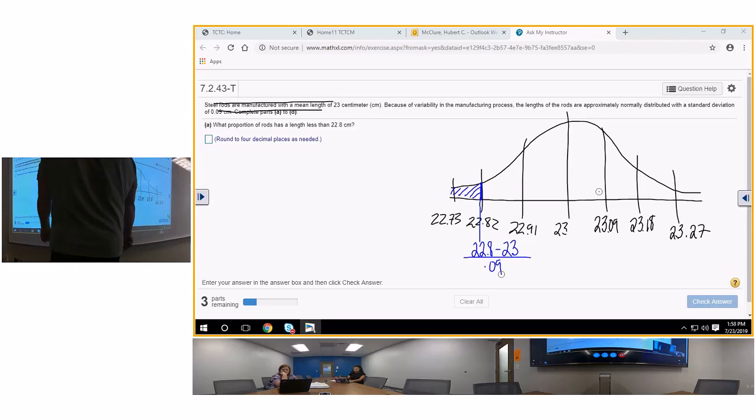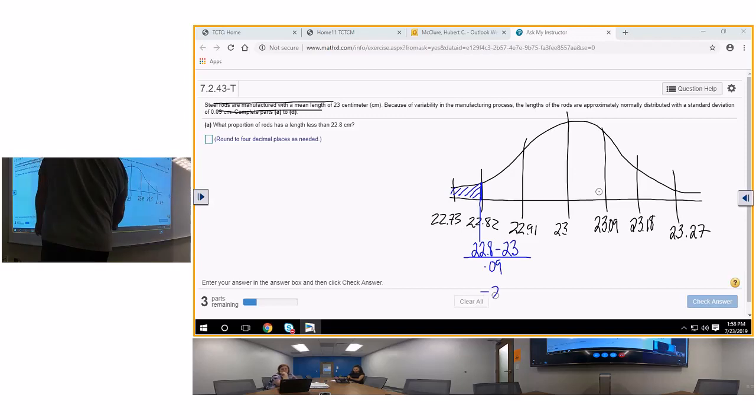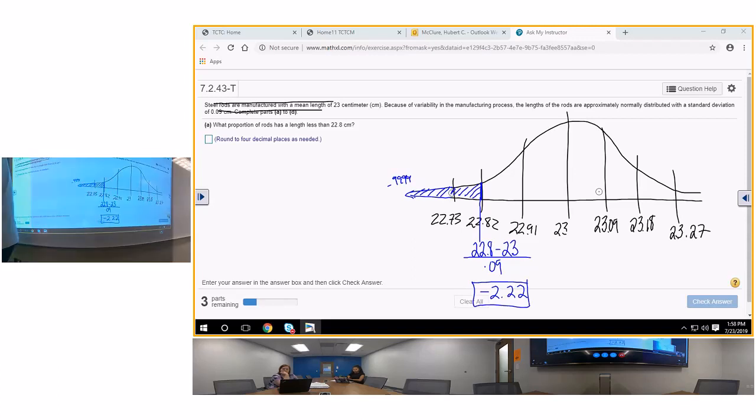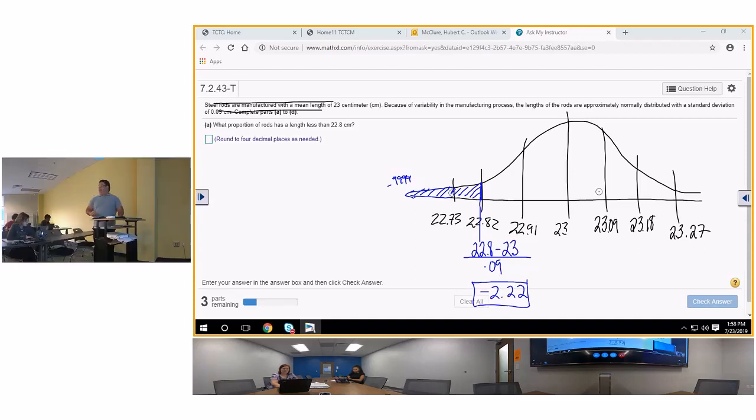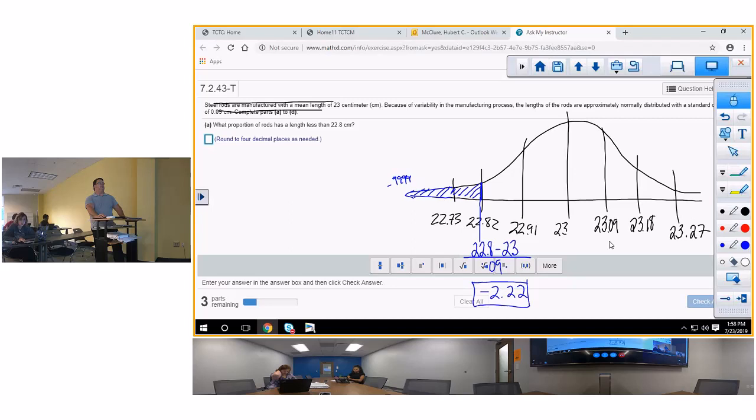I say it's going to be like negative 2.22. Which way do we read? This is negative 9999 to 2.22. Somebody give me 4 decimal places. 0.0131.